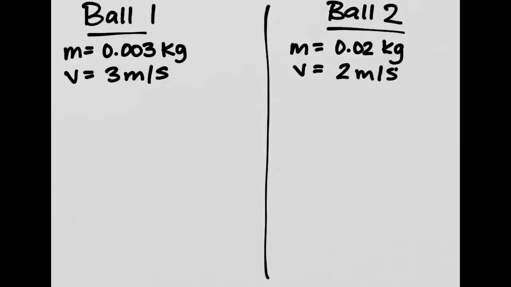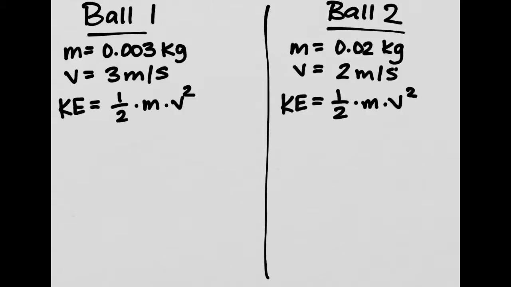Let's look at the equation for kinetic energy. I know that the kinetic energy equation is 1/2 times the mass times the velocity squared. What kind of number might I expect to get out of each of these? Well, velocity squared is kind of a big number. Anytime I take something and square it, the result is that number times itself.